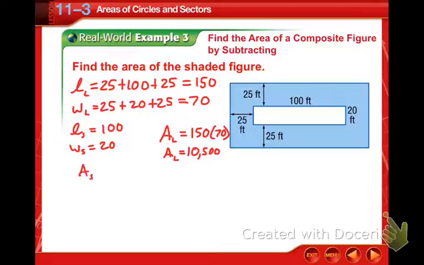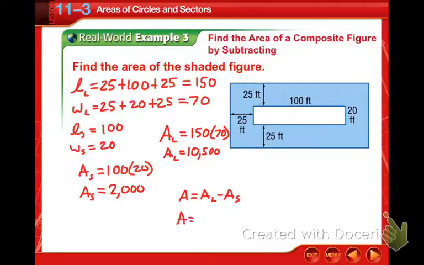The area for the small rectangle is 100 times 20. So 2,000. And the area we were looking for is the area of the large minus the area of the small. So 10,500 minus 2,000. So 8,500 square feet.